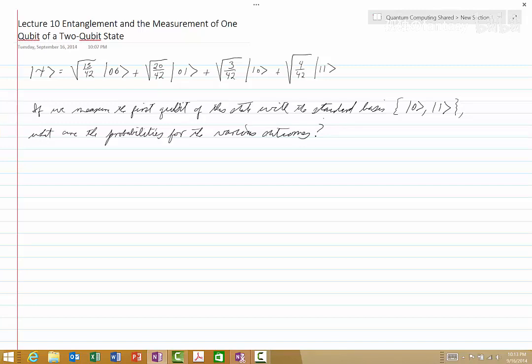Now again, I want to stress we're measuring only the first qubit of this two-qubit state.